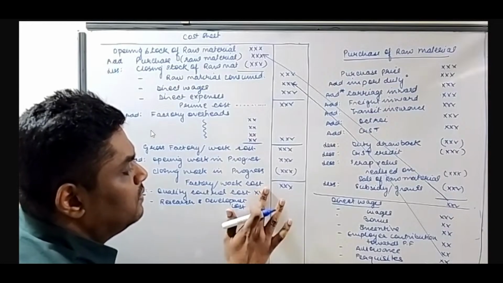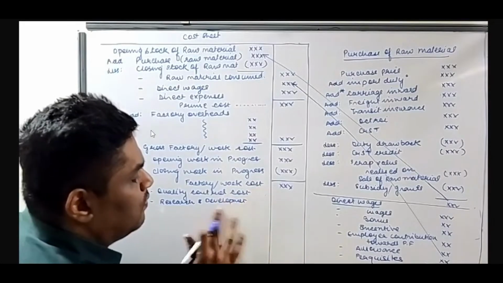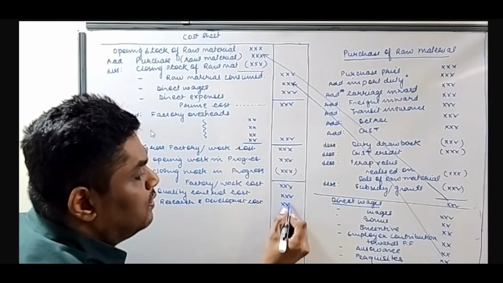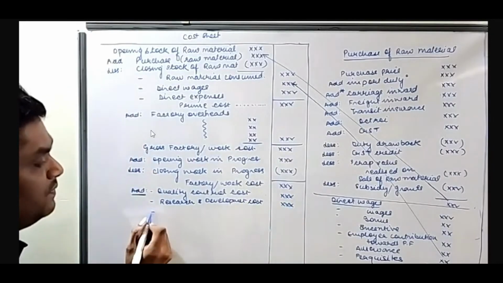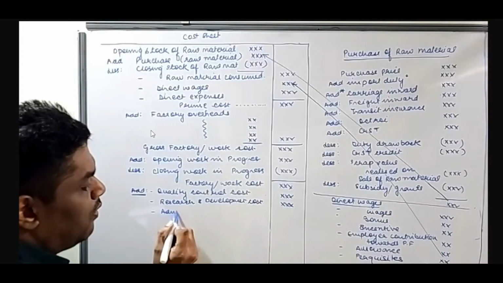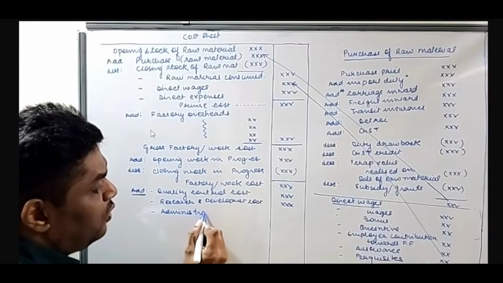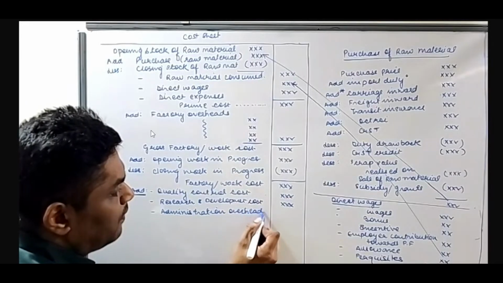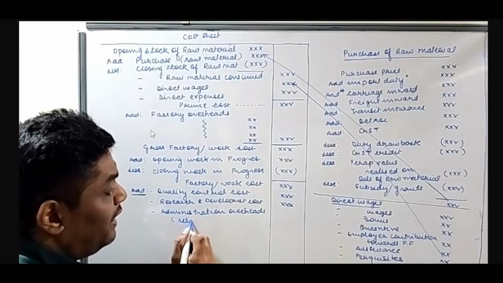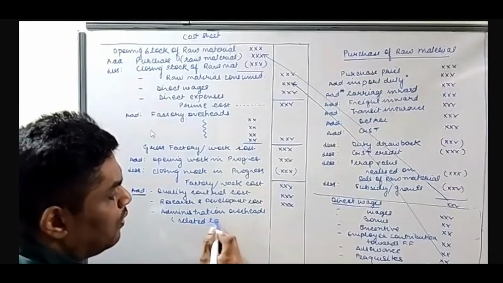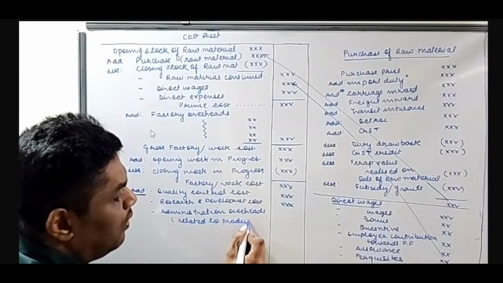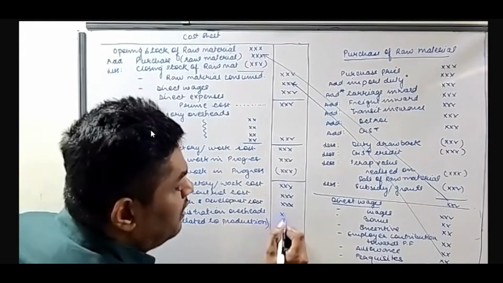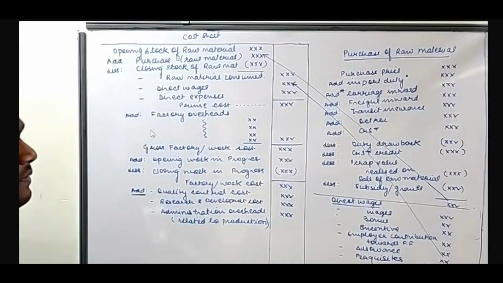Quality control cost. Research and development cost. Administration overheads, very important, related to production.